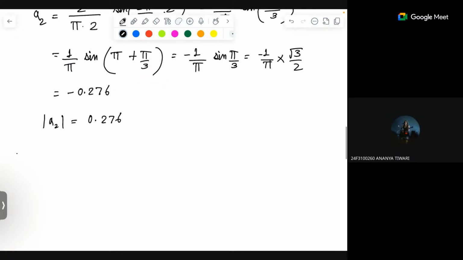Alright. Next question. So in the last lecture we discussed what valid Fourier series means. When I say valid Fourier series, I mean that my signal should be periodic. If my signal is not periodic, the Fourier series will not be valid. So this question is based on that only.